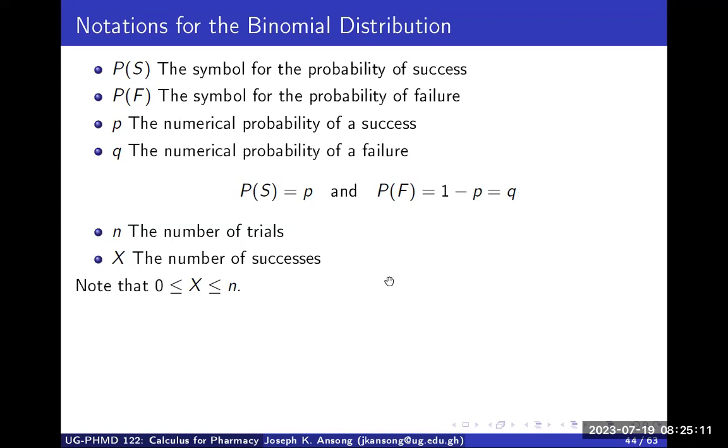So X must be greater than or equal to 0 and less than or equal to n. The number of successes cannot be greater than the number of trials. That makes sense. So X must lie between 0 and n. These are some notations that you'll come across under binomial distribution.